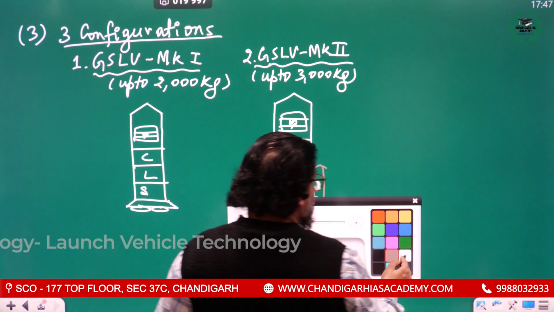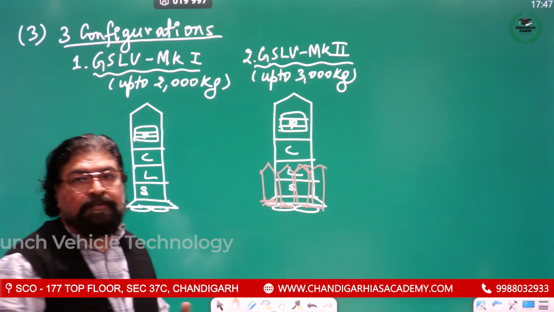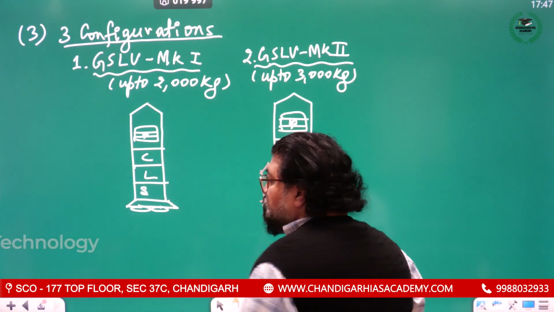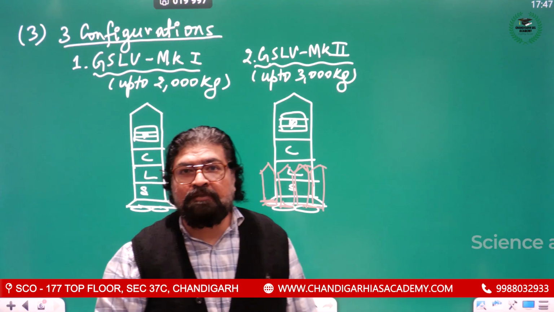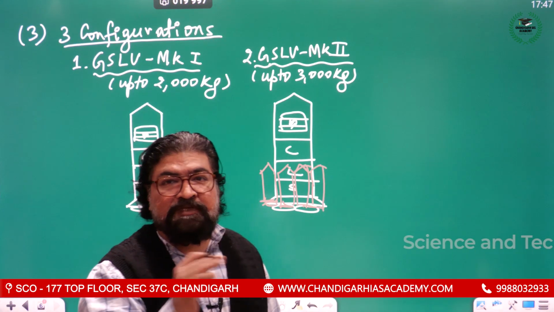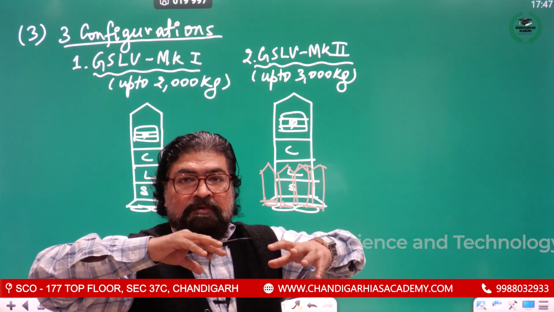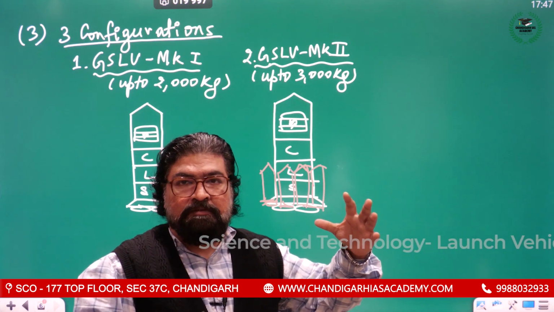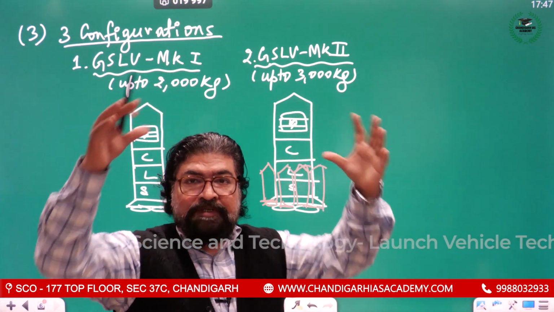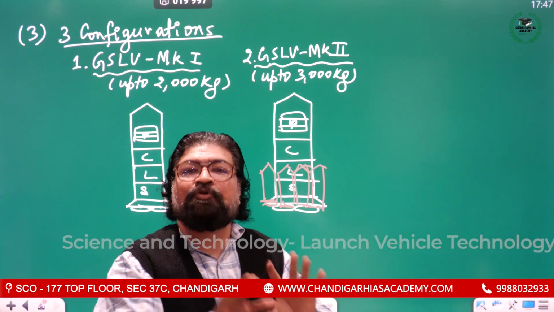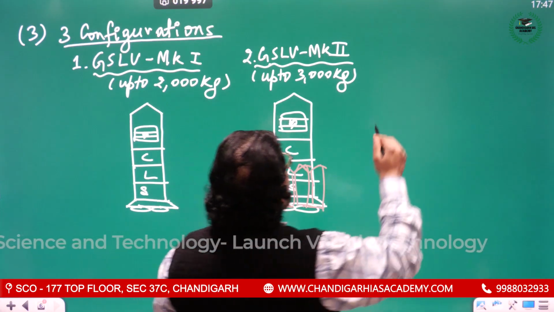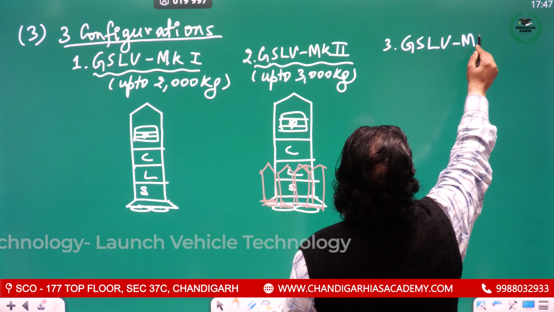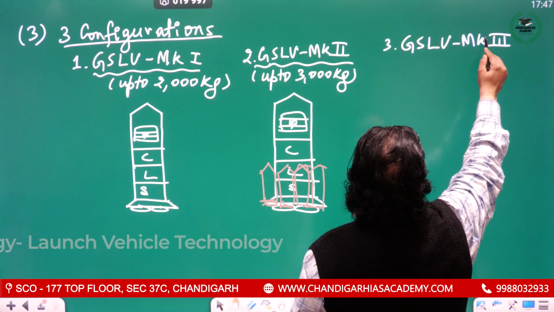And now comes the heaviest, something called the fat boy, Mark 3. We have used it for the Chandrayaan mission, Chandrayaan 2, Chandrayaan 3, even for the Gaganyaan human space flight mission. GSLV Mark 3, as LVM3, launch vehicle Mark 3, will carry the crew module with human astronauts inside. So here, third, GSLV Mk3.